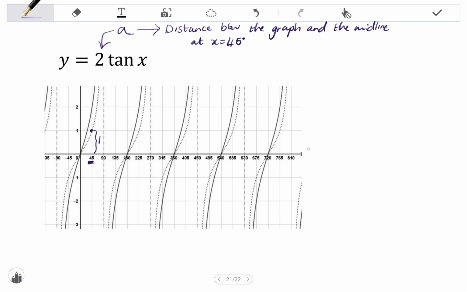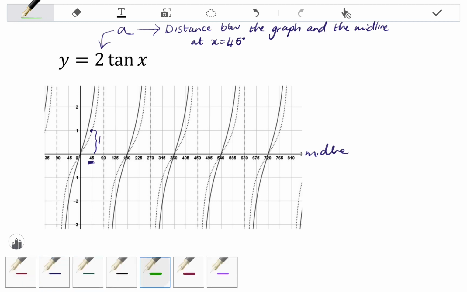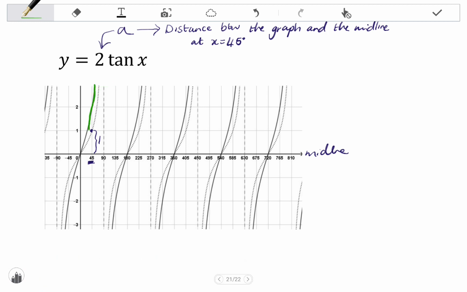Now if my x-axis is the midline, for the y equals 2 tan x graph, which is here, at 45 degrees, the graph is at y equals 2. So the distance from the graph to the midline is 2, and that is the a value. So the distance from the graph to the midline at 45 degrees is your a value.